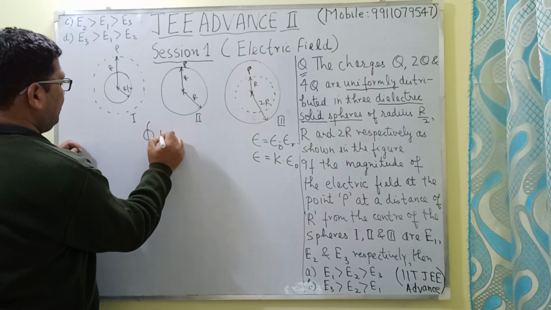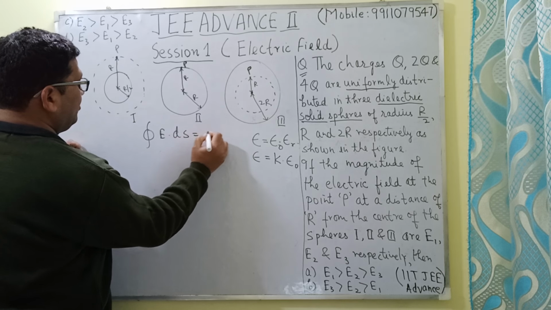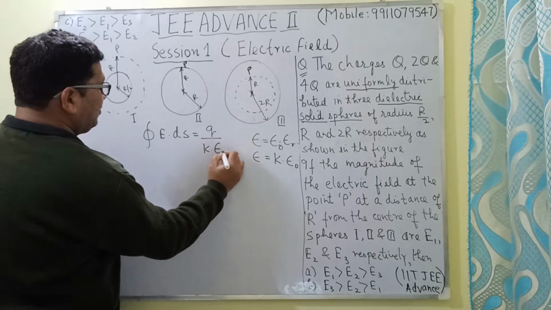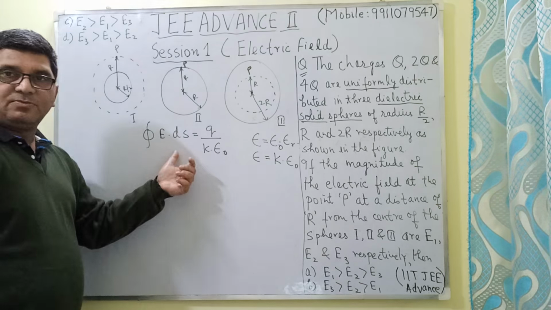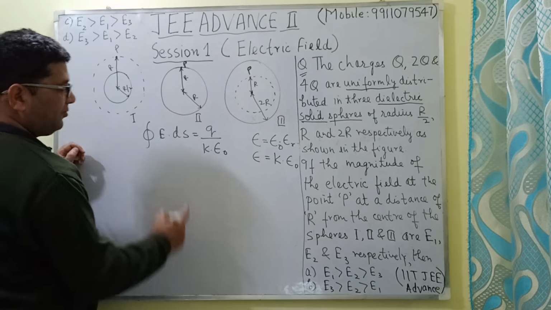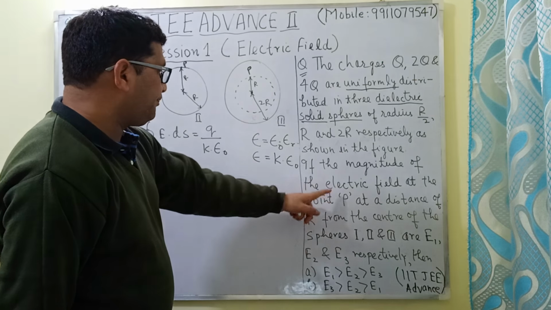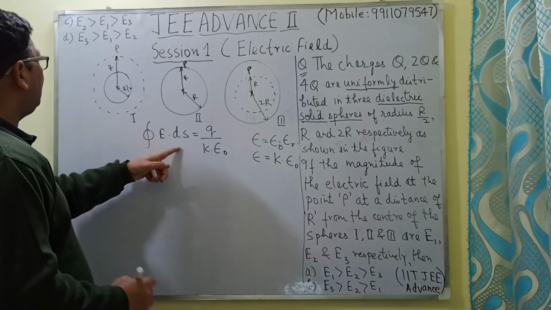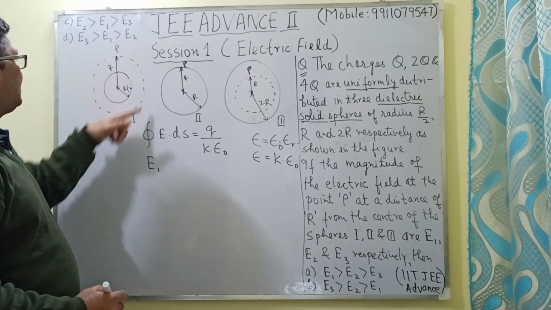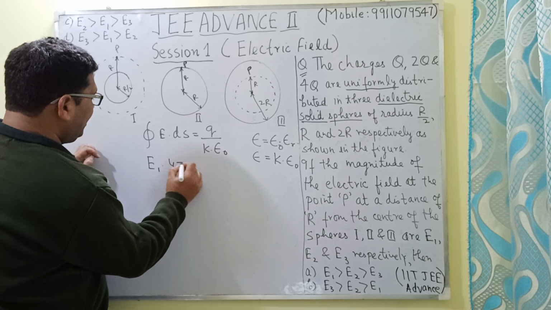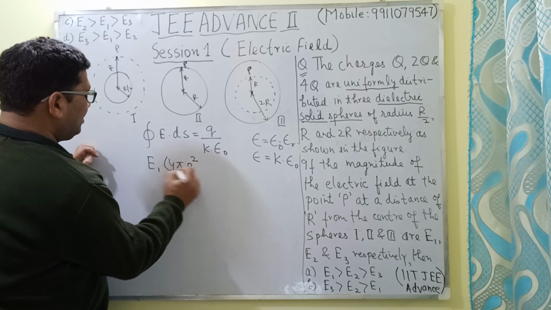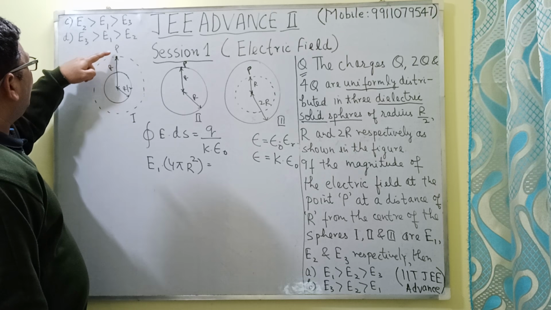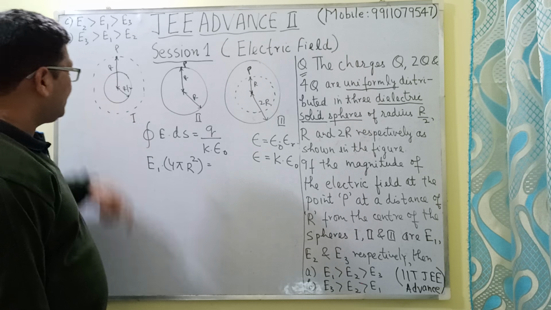Now, in the case of a dielectric, the Gauss law is given by this equation. In the first case we have been given that the magnitude of the electric field is E1. Now dS means the total surface area of this Gaussian surface, which is 4 pi r square, because the surface area of a sphere is 4 pi r square, and here this point P is at a distance of r from the center of the sphere.